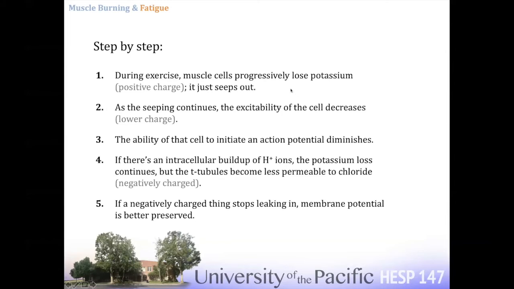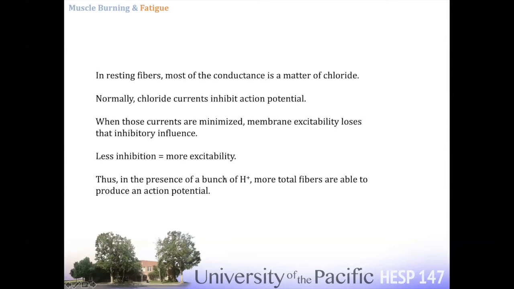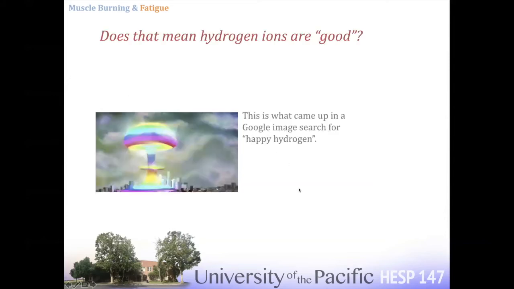So you don't dip down and make it harder to recruit the muscle on subsequent contractions. So maybe there's something there. Okay, maybe. So less inhibition is tantamount to more excitability. I don't know how potent this is. It's probably not a very big deal, right? It probably doesn't contribute very much, but there's maybe something there.